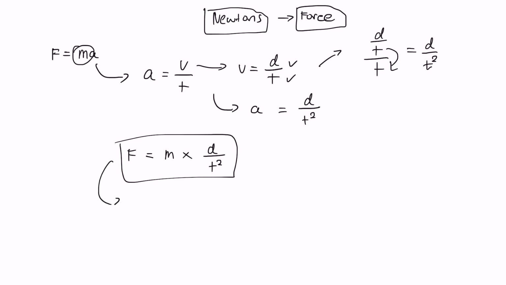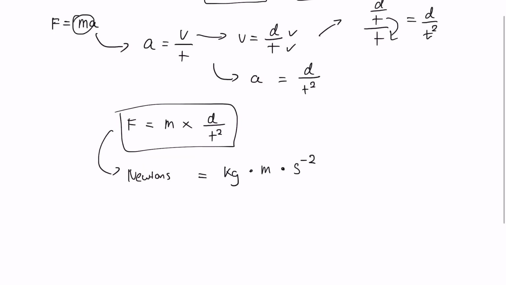So we know force has a unit of newtons. So newtons is equal to mass, which is in kilograms, multiplied by distance, which is in meters, multiplied by, now this would be second to the power of minus 2. When you see a minus, remember your exponents: minus would mean that it's actually getting divided by.